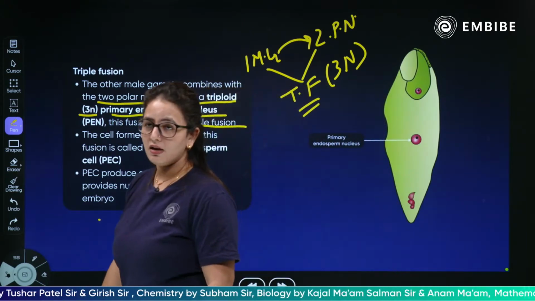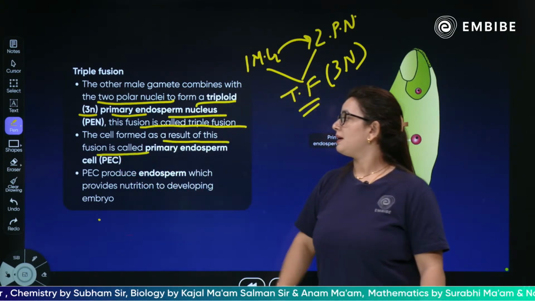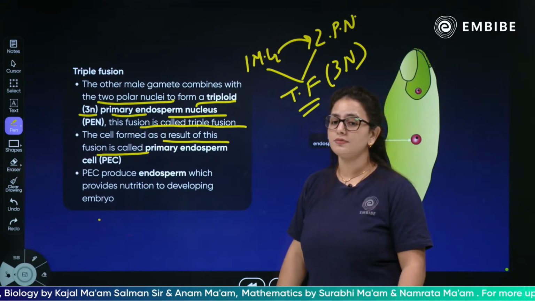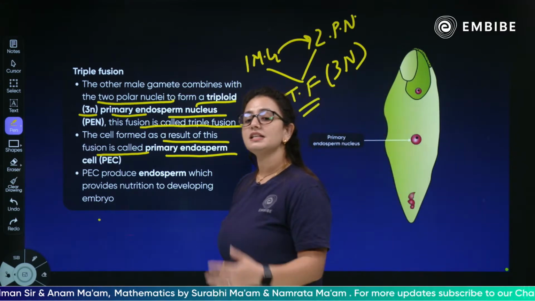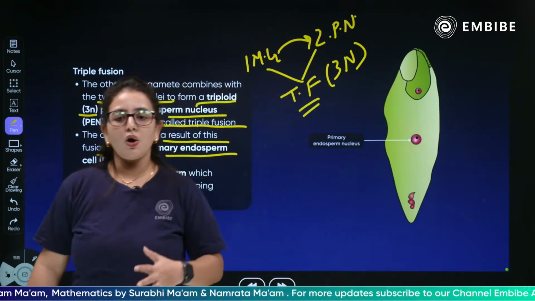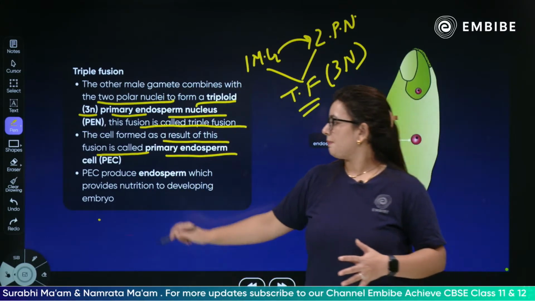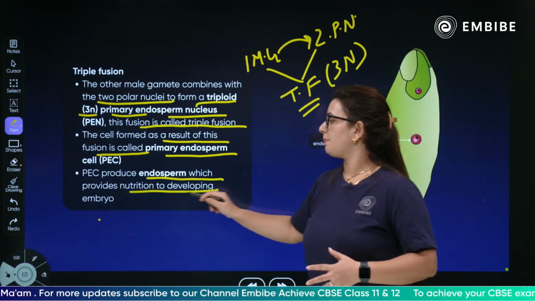This cell formed as a result of the fusion of the male gamete and the polar nuclei is called the primary endosperm cell. This is an endosperm with a ploidy of 3n. The PEC produces endosperm which provides nutrition to the developing embryo.